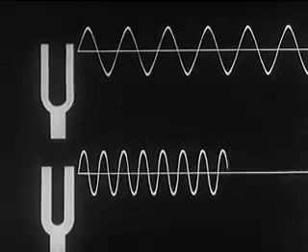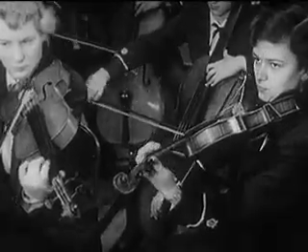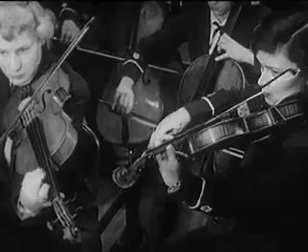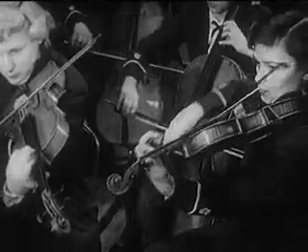It is evident that the one with the greater frequency has the higher pitch. The frequency of a vibrating string depends upon the material it's made of and its density, tension, and length.